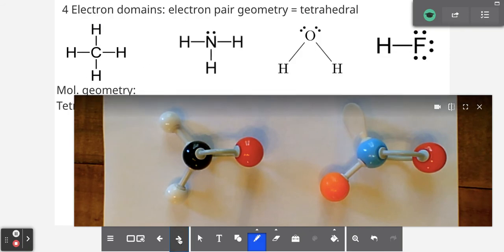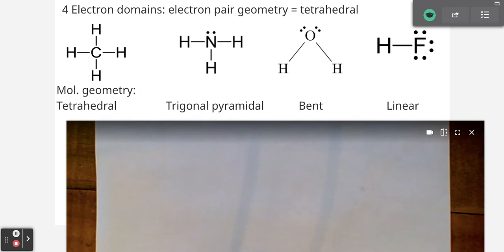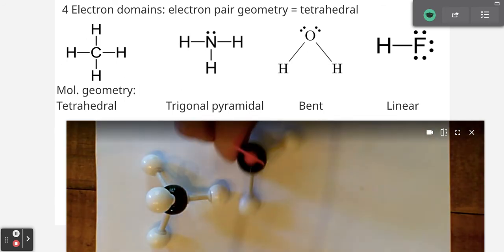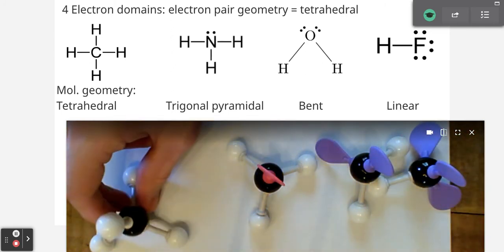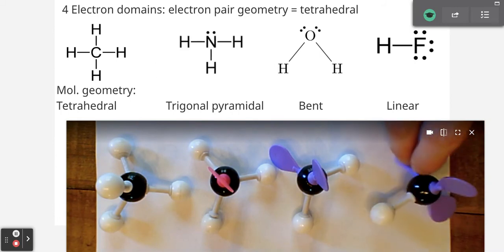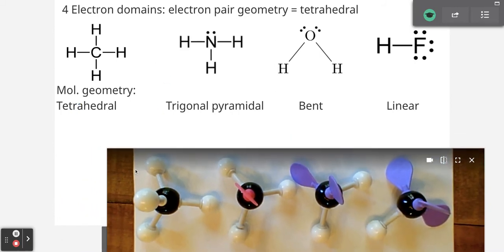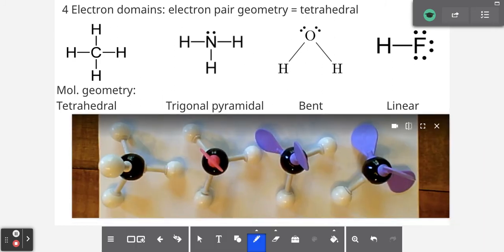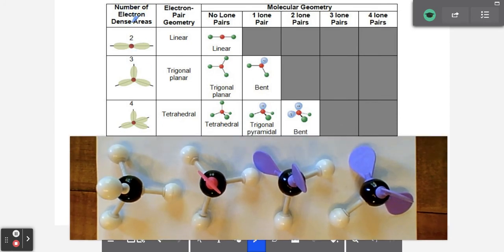Moving on. We have 4 electron domains. So if there are 4 electron domains, we would say that the electron pair geometry for all 4 of these is the same. It is tetrahedral. We can go straight to that chart again, and we can see if there are 4 electron dense areas, the steric number is 4.